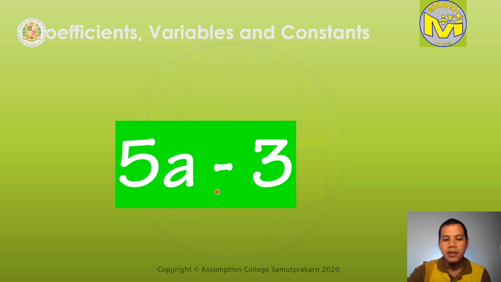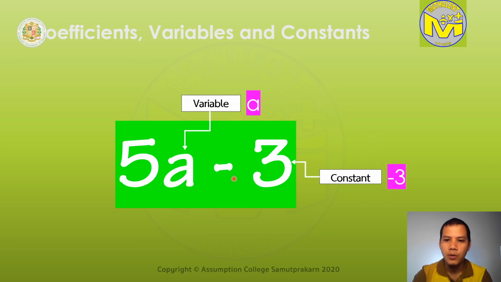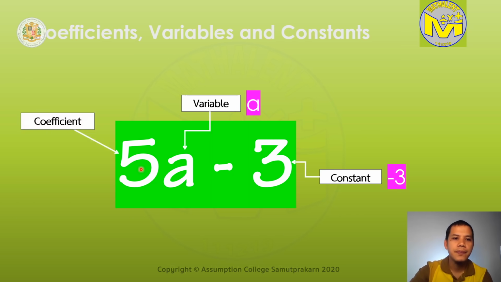Now, what is a? a is a variable. And 3 is a constant, or -3. So what is 5? 5 is the coefficient of a. So we have one coefficient in this expression. Got it?